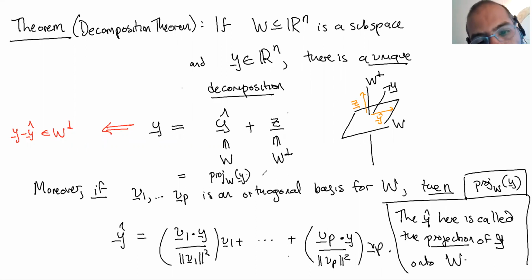But by reversing the roles of W and W perp, this z is actually the projection onto W perp of y. So that's another way to write it that's more symmetric with respect to W and W perp. Maybe I'll just put this in a separate box.